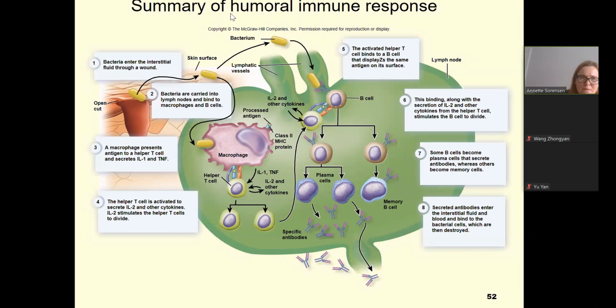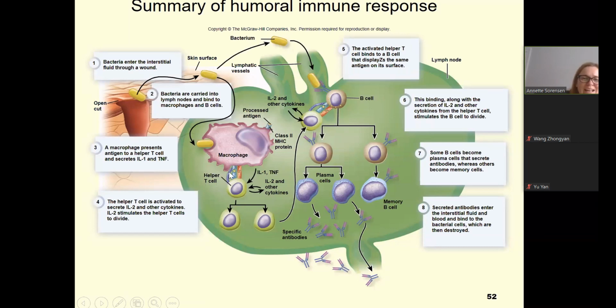Now, the macrophage, we know, is a phagocytotic cell. So the macrophage is phagocytosing the bacteria, and it is complexing part of that bacteria with the MHC protein complex. And that MHC protein complex with the processed antigen is then presented here on the surface of the macrophage.